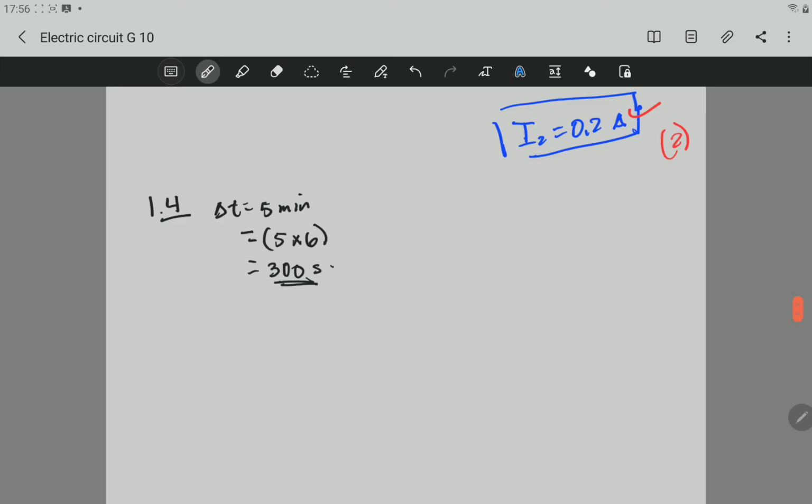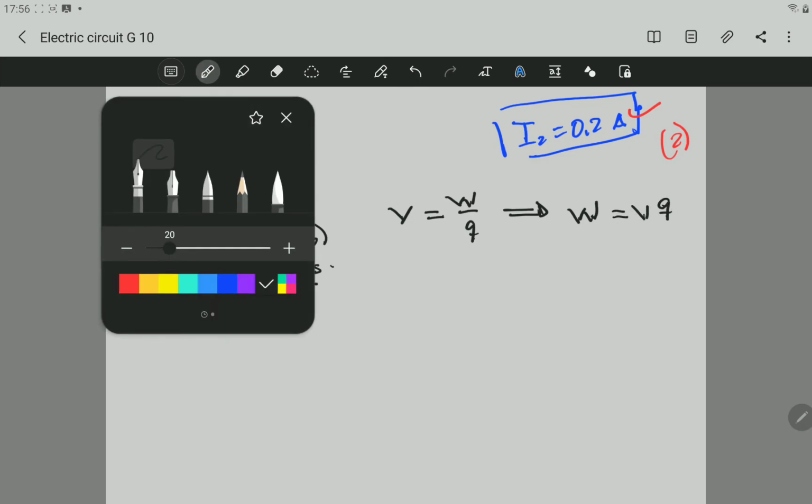Now they're asking for energy transfer. We go into the definition of potential difference. Potential difference is equal to energy transfer per unit charge. If you rearrange this formula, you have that energy transfer W is equal to potential difference multiplied by charge.